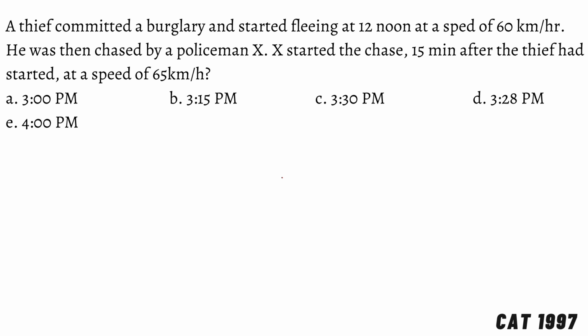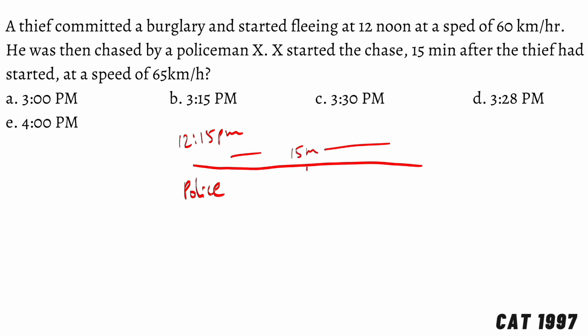Alright, so here the policeman started 15 minutes after the thief, right? So the policeman started at 12:15 p.m. By the time the policeman started, the thief had already traveled 15 minutes. So the difference is 15 minutes.